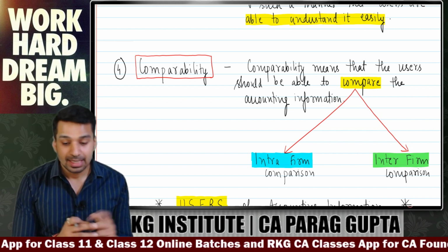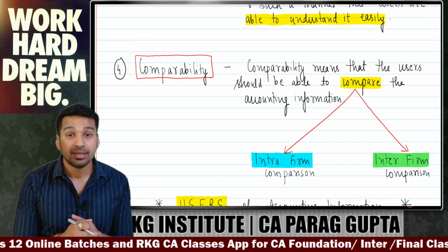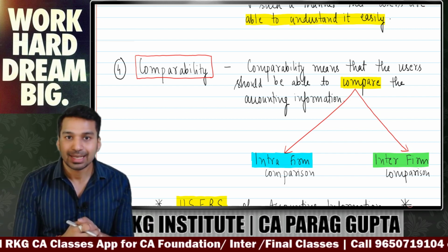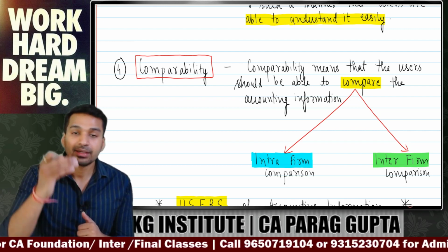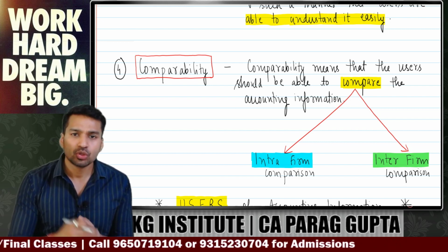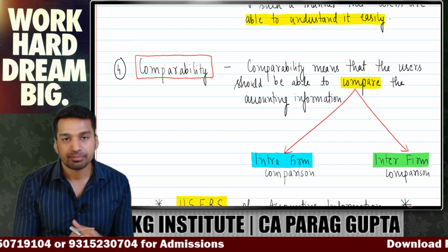One is intra-firm comparison. The intra-firm comparison is where you compare your past results with your current results. Like you are comparing your marks in maths in class 10th versus your marks in maths in class 11th. So you are comparing you versus you, that is intra-firm comparison.